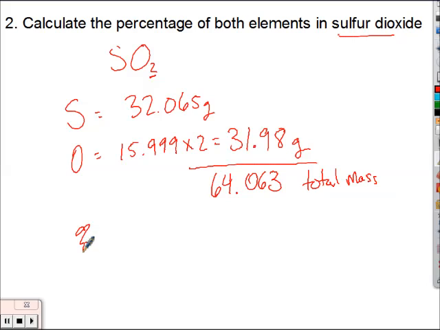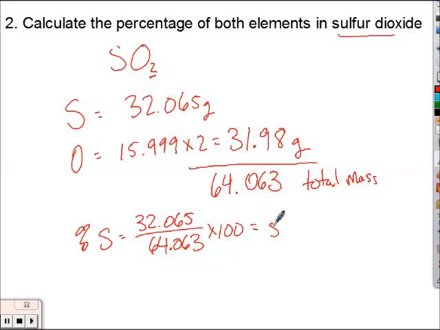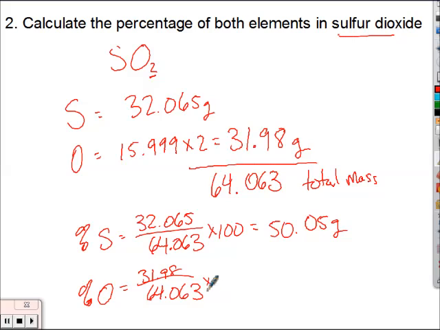So the percentage of sulfur is 32.065 divided by the total times 100. And I get 50.05%, and the percent oxygen would be 31.98 divided by 64.063.